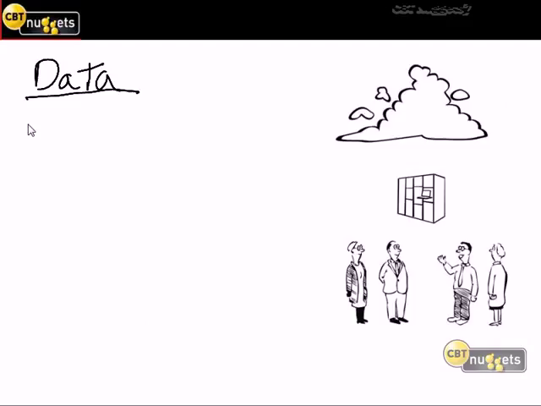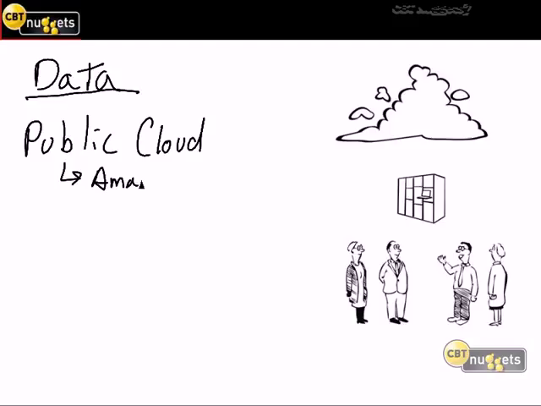Now when you start talking about data or data storage out there in a cloud environment or cloud storage, most people are going to think of what is called the public cloud. The public cloud are going to be organizations and services like Amazon's S3, which we have a CBT Nugget talking about how you can set that up.